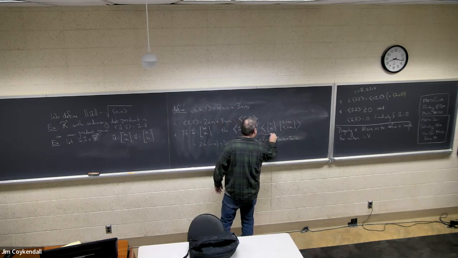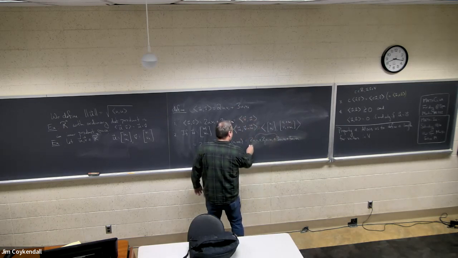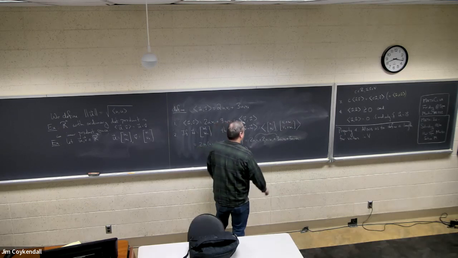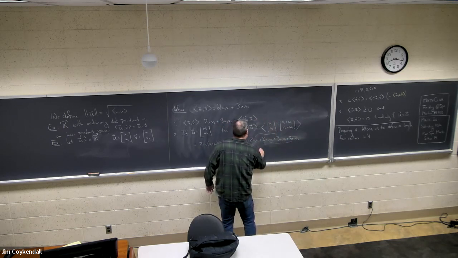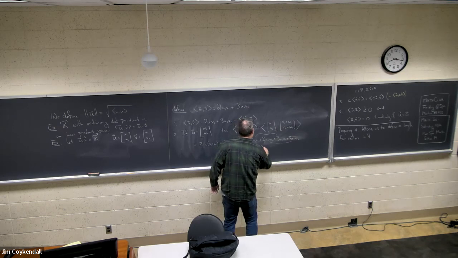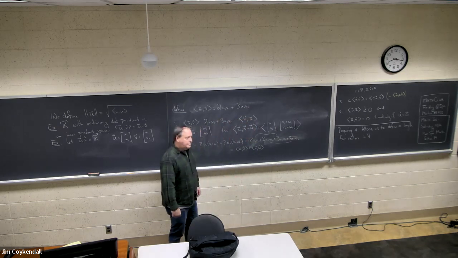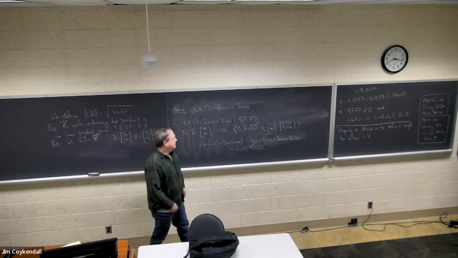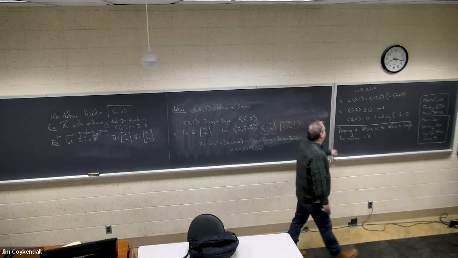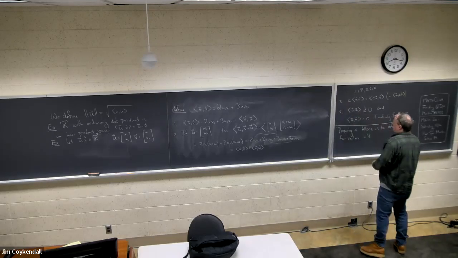And notice that if I put this together, this is the inner product of u and v, and this right here is the inner product of u and w. That's the second thing we have to satisfy. We've also got to do 3 and 4 here.